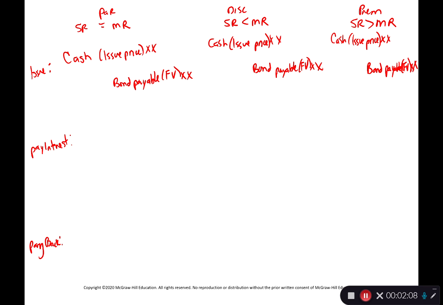So whenever we issue bonds, cash goes up because remember, we're the borrower in this. We're issuing a piece of paper and we're getting money in return. So our cash goes up and our liability goes up.